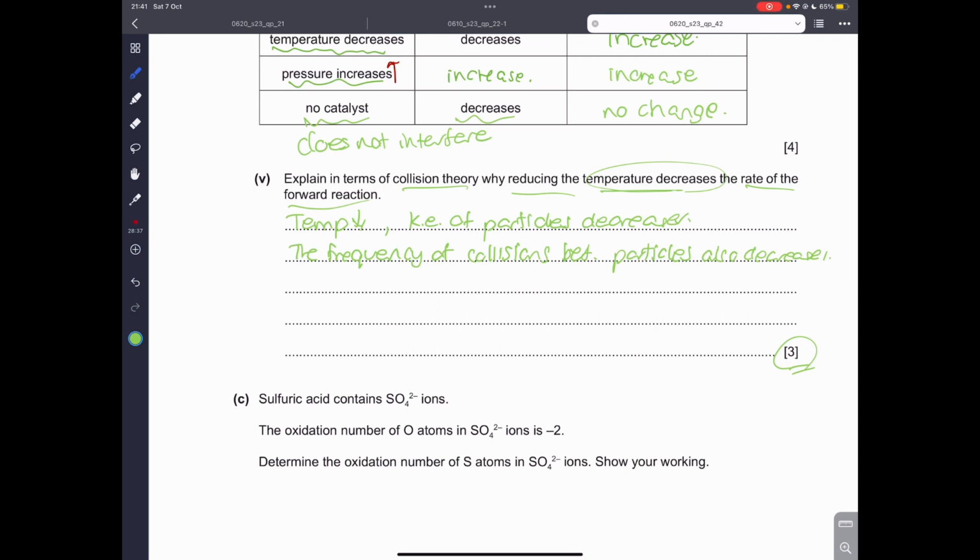So this means that a lower percentage of particles have energy greater than or equal to the activation energy.